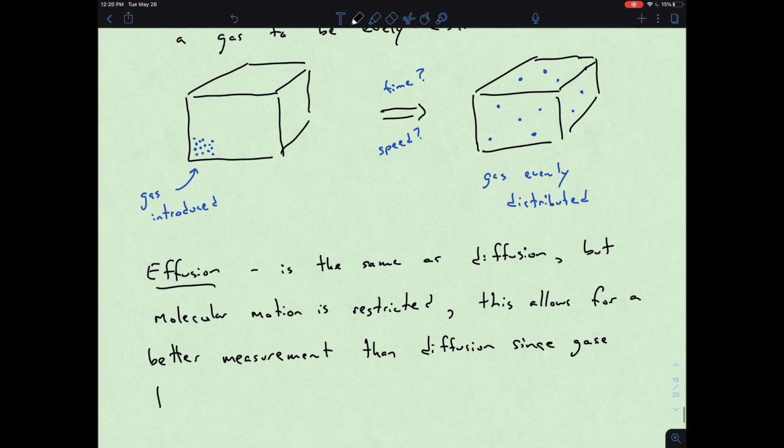And this is basically because of how fast, since gases travel so very fast.